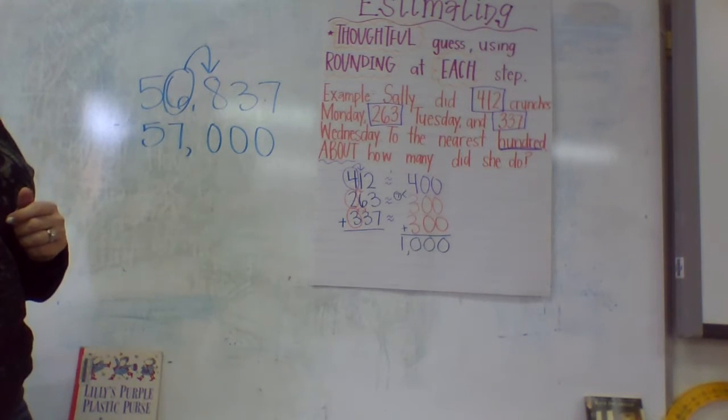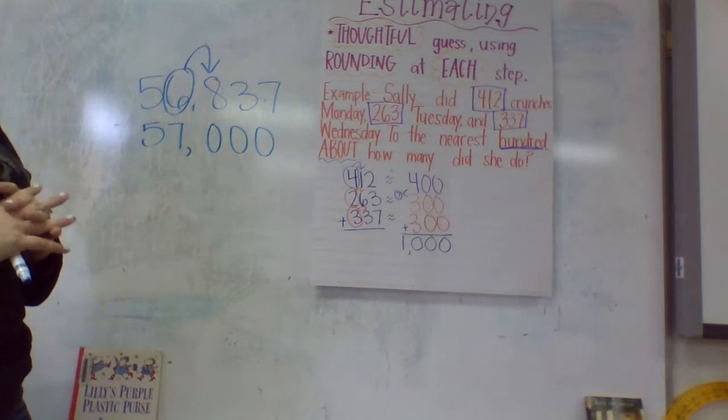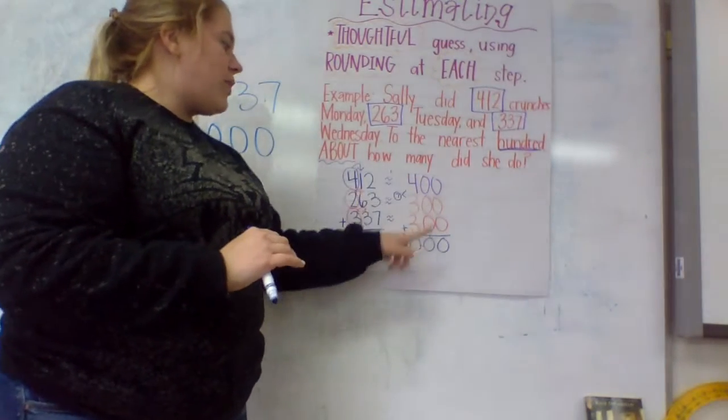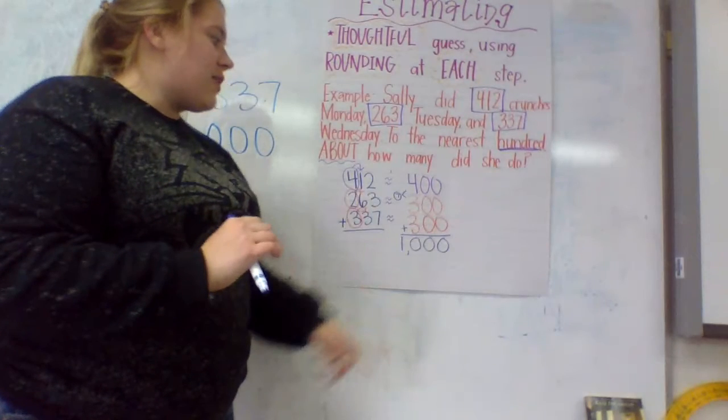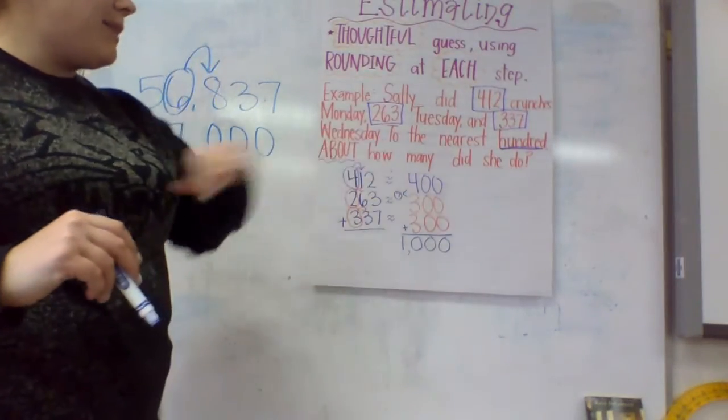So if you remember RDW, or read, draw, write problems from 3rd grade, maybe 2nd grade, you know that we read the problem, we've done the D, the draw, we've done the work. Now, since it's a word problem, we answer in a sentence. So my question, about how many did she do?